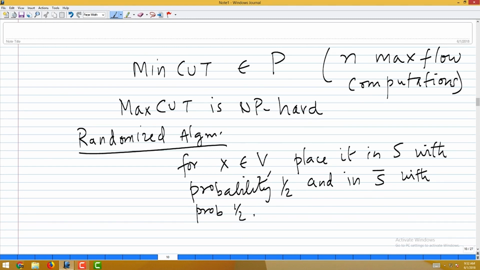It is a random experiment, I got a random partition, a trivial linear time algorithm. Now, what do I want to analyze?